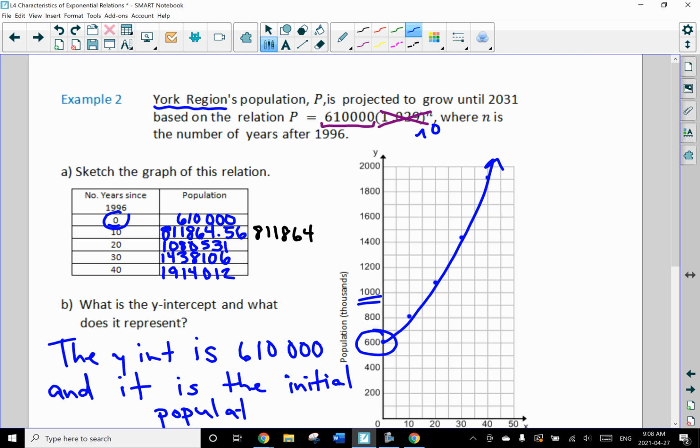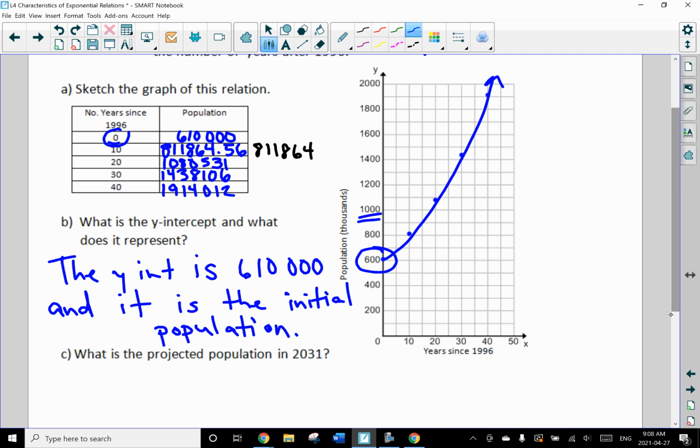So for any type of growth question, money question, investment question, your y-intercept represents how much you began with.